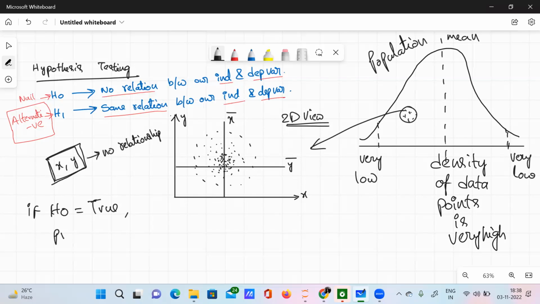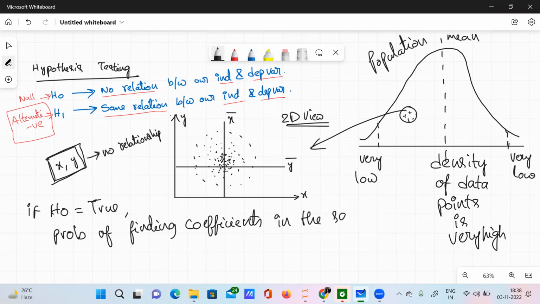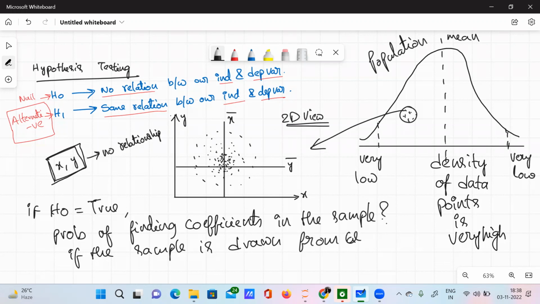Then what is the probability of finding the coefficients in the sample if the sample is drawn from the universe, where H naught is equal to true?